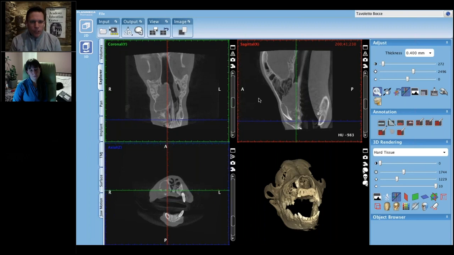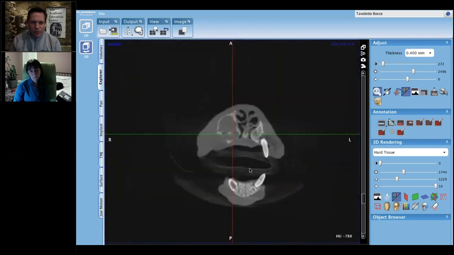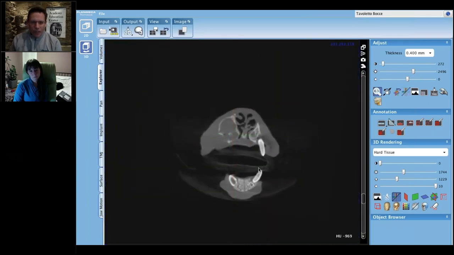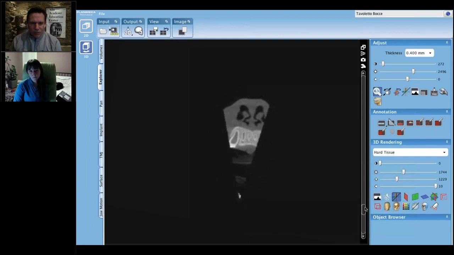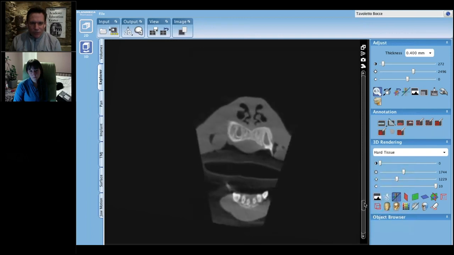The coronal plane is basically starting from the top of the head down, from dorsal to ventral. And then the sagittal plane is basically starting from lateral all the way through midline to the other lateral. These views are very helpful for us to take a close look at things and go through the slices, starting from the tip of the nose and then just working our way through.